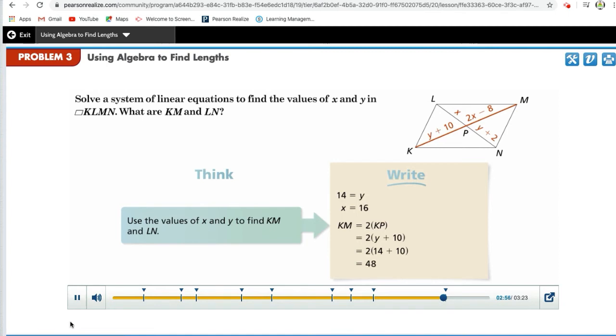So the length of segment KM is 48. Substitute x for the length of segment LP. Substitute 16 for x. And the length of segment LN is 32.